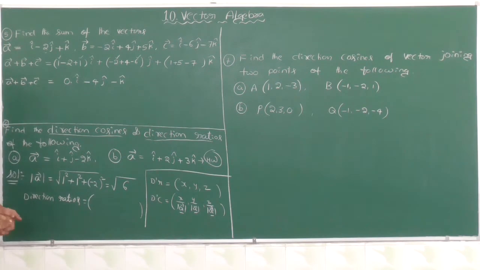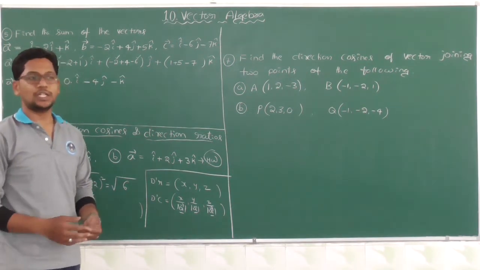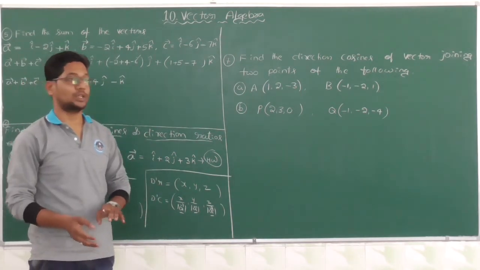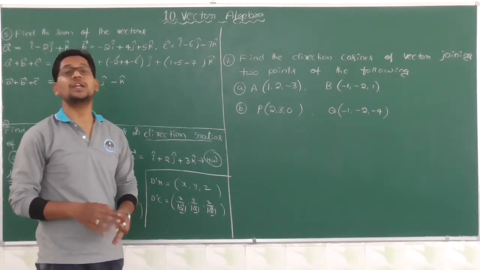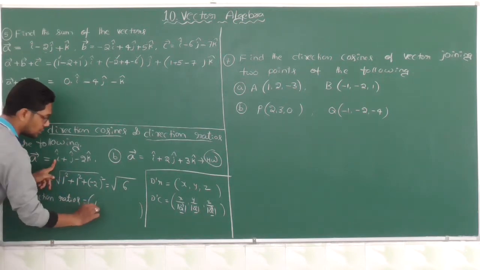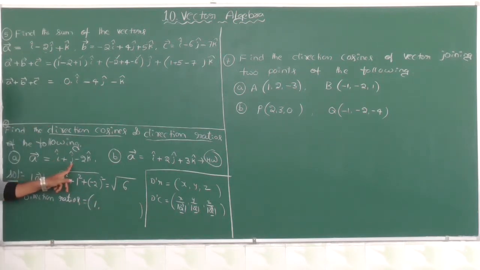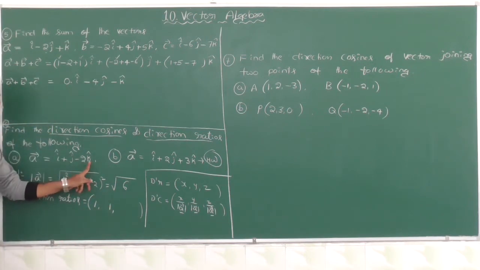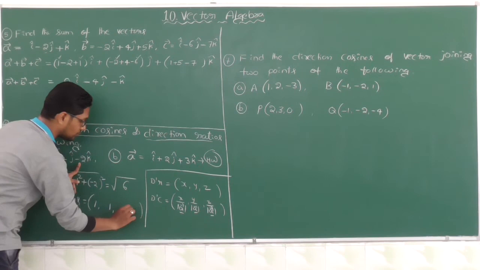Now, direction ratios are what? I already told you in the previous class that direction ratios are the scalar components, the rectangular components. You just see the components. The component of i is 1, the j component is 1, and the k component is -2.